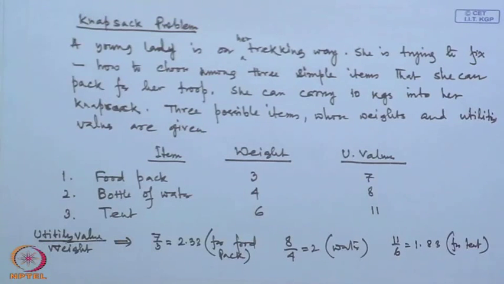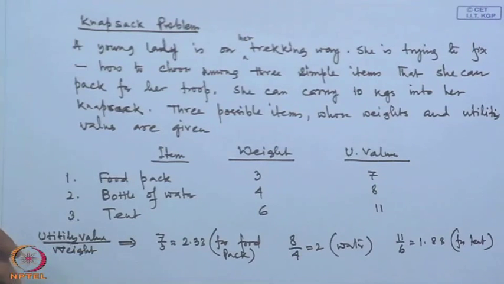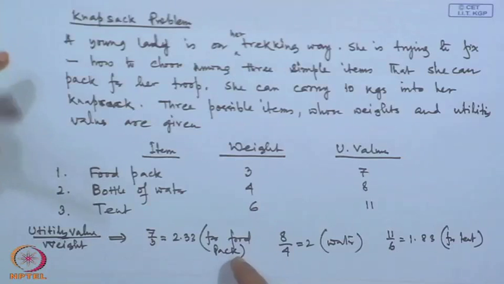As we could see, the food pack has the better unit utility value, thus we can suggest in an ad hoc way that you just consider the food pack as many as you can.